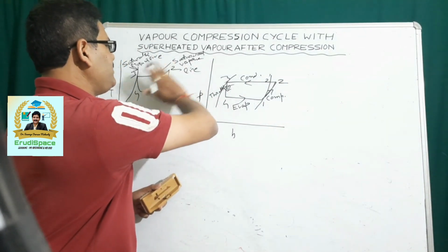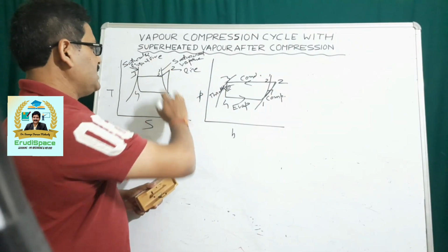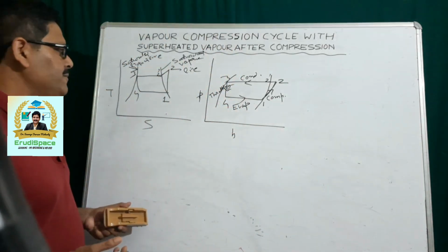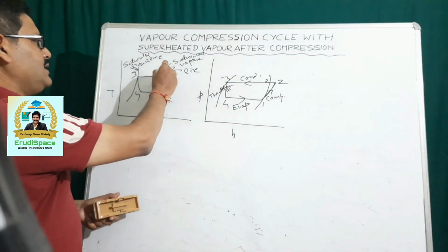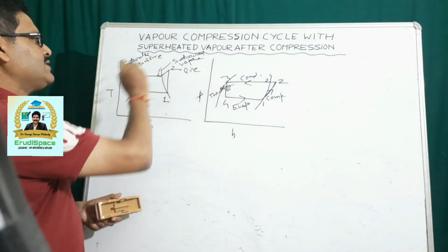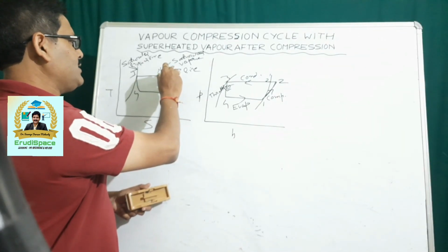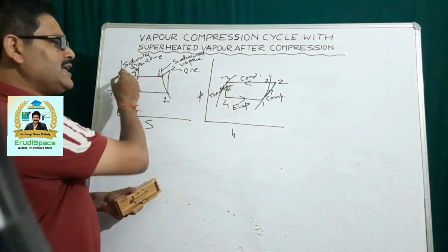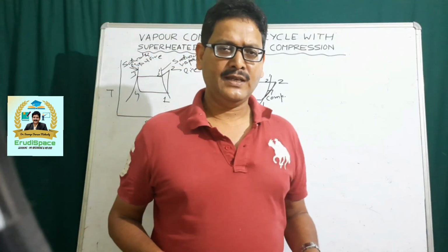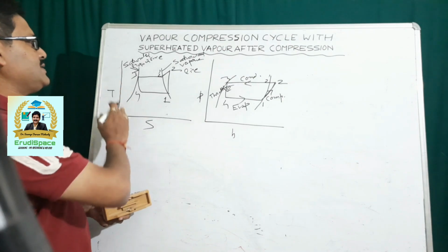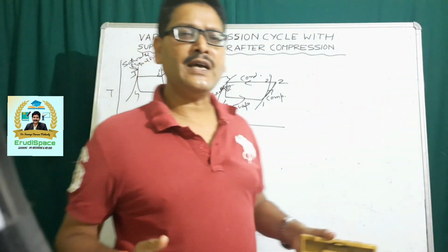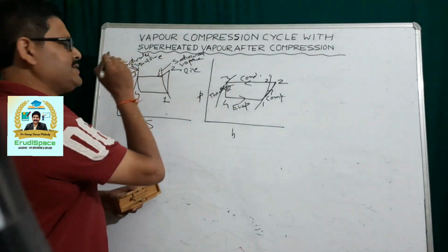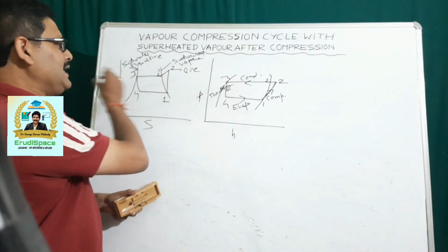Anything beyond the saturated vapor line is your superheated condition. So it liberates heat and gets converted from superheated vapor at 2 to dry saturated vapor at 2 dash, and 2 dash to 3 represents the condensation process or the cooling process which is associated with the latent heat removal. So 2 to 2 dash is sensible heat removal followed by latent heat removal.